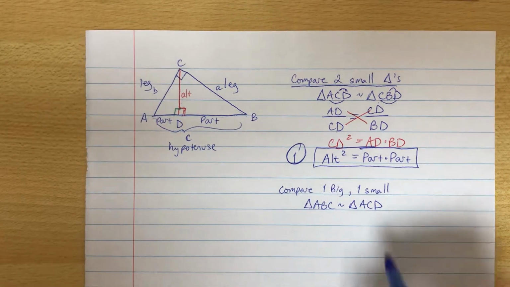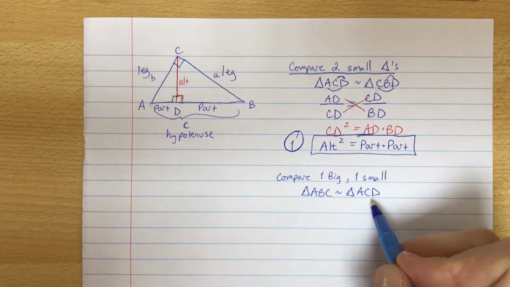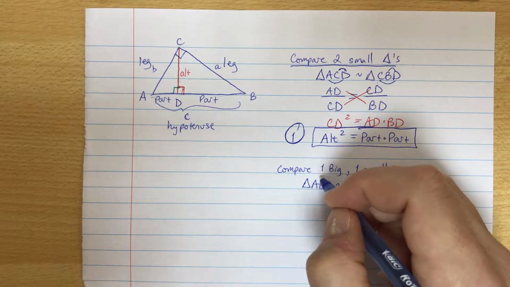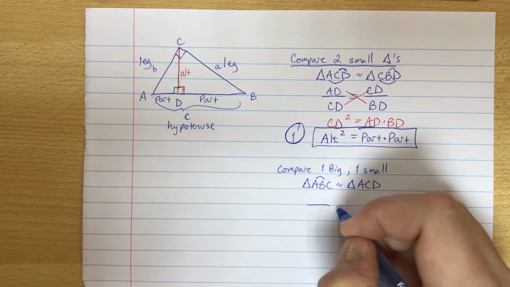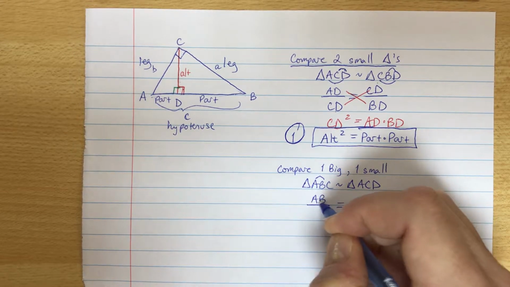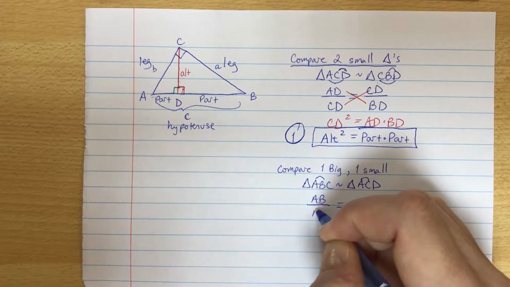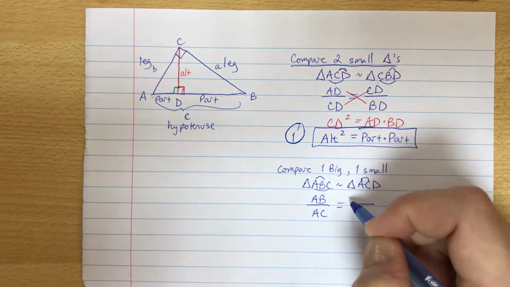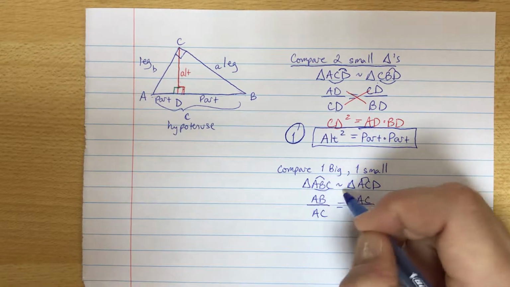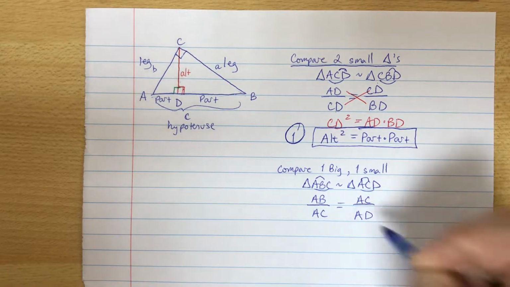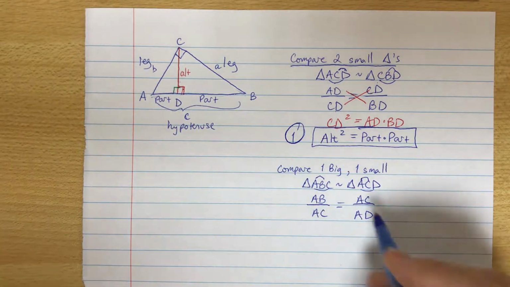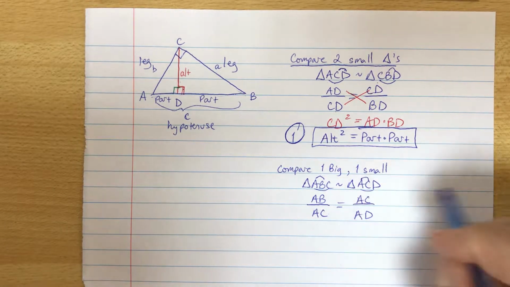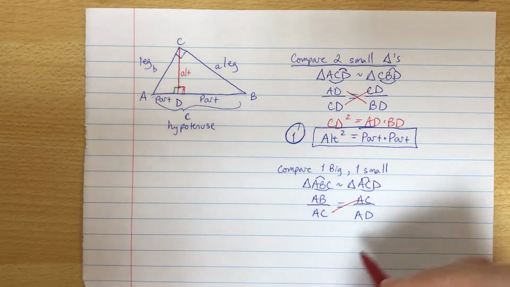So now let's make another proportion. Let's go with AB. Now that matches to AC, those correspond. In the big triangle, we also have AC, and in the small triangle, that matches to AD. Again, notice that these are the same value. It's the same length. That is another geometric mean.